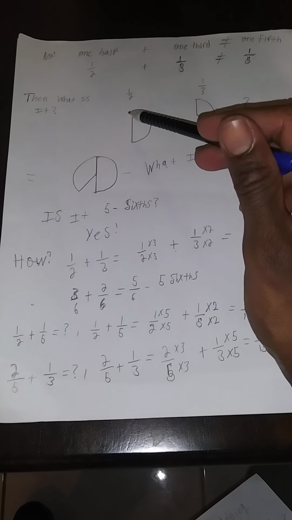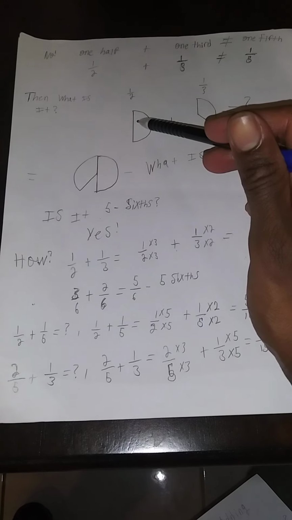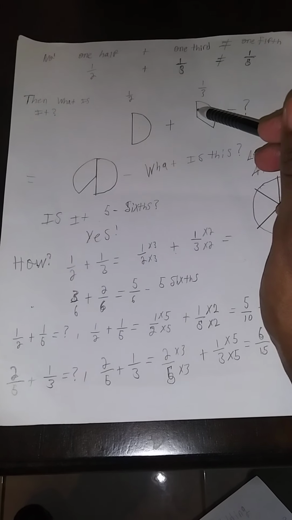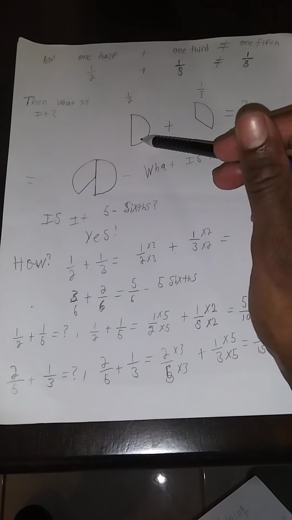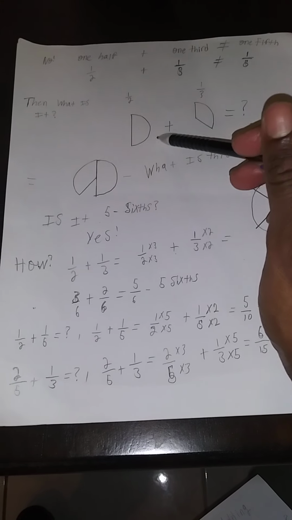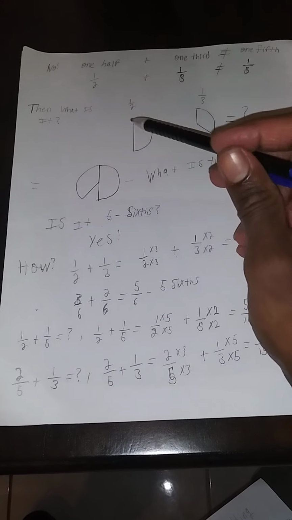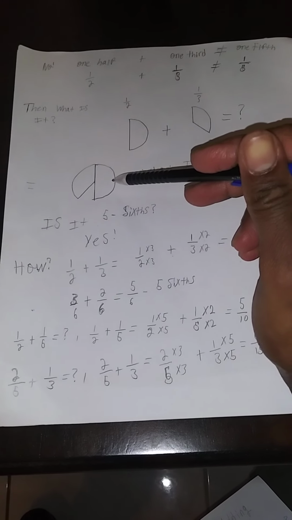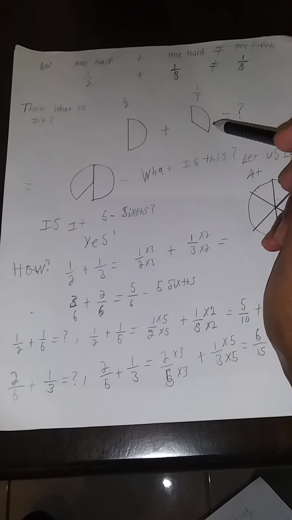Because if we look at the half slice plus this 1/3 slice, and we stick them next to each other, if we glue them together, we get this picture, which is way bigger than the 2/5 that we had before.